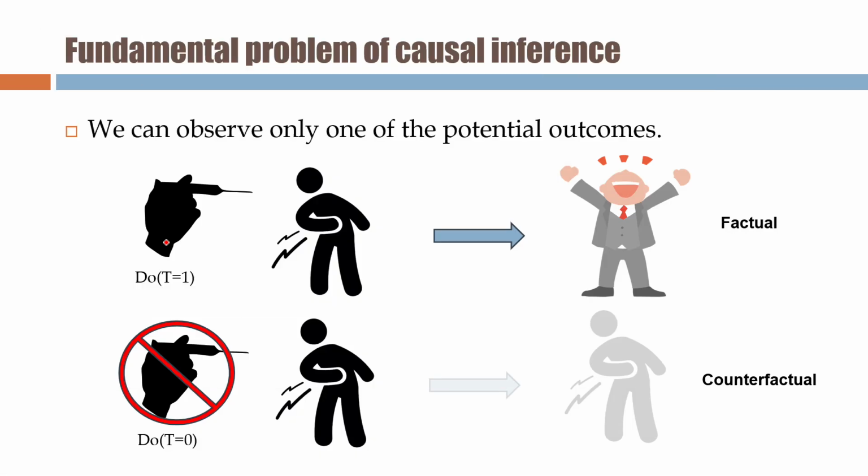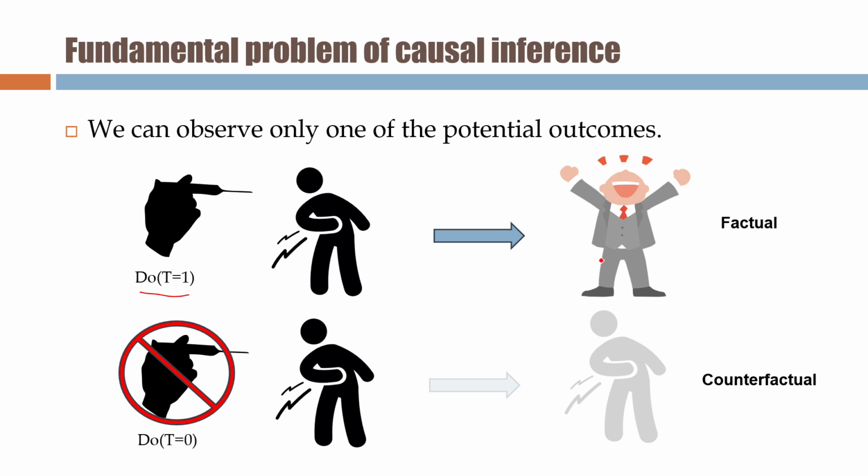The fundamental problem of causal inference is that we can observe only one of the potential outcomes, right? If we do the treatment, say an injection, to the sick person, maybe the person will get better. This is the result.